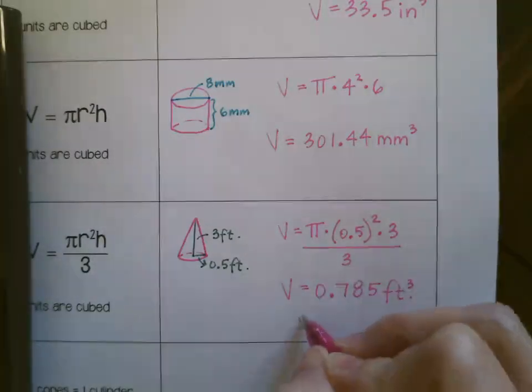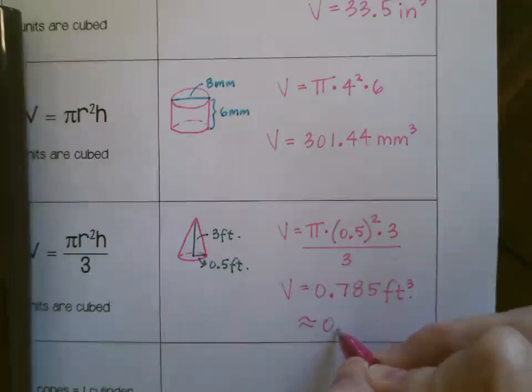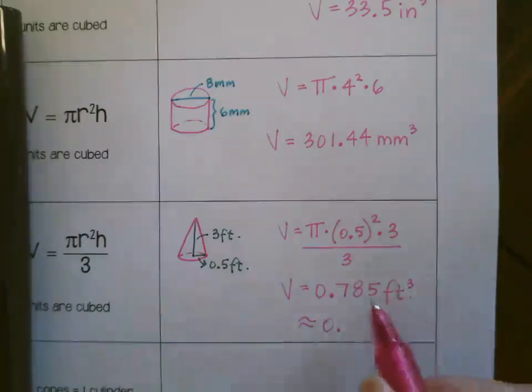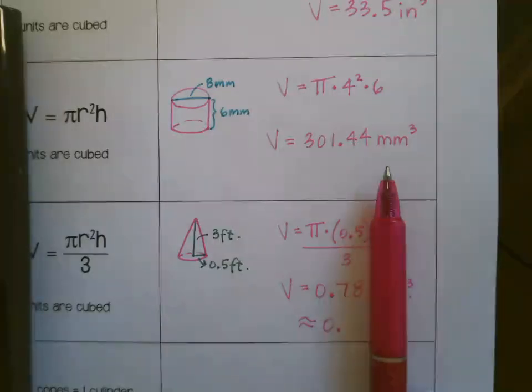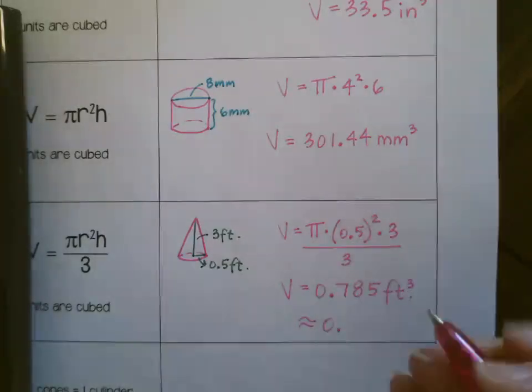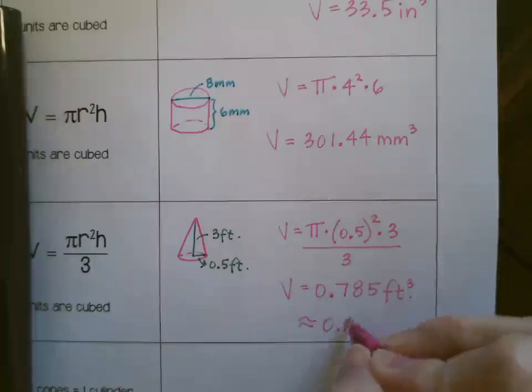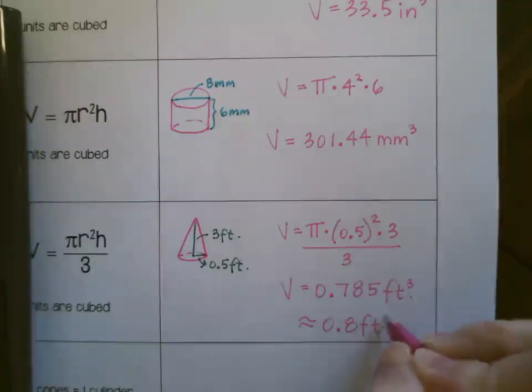And again, you just need to see what you're asked to round it to. If we're asked to round to the nearest tenth, then I don't need to worry about the 5. That 8 is going to tell me to round the 7 up. So that could be 0.8 feet cubed.